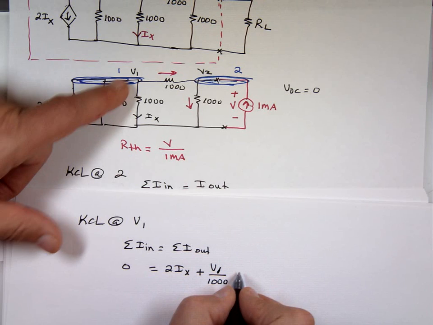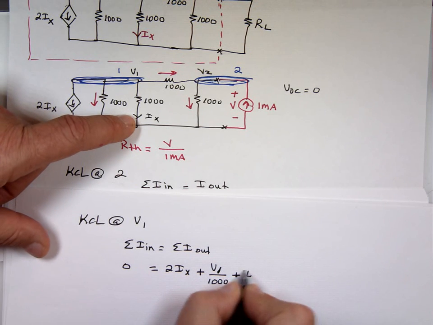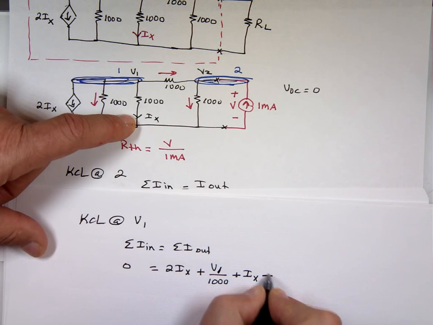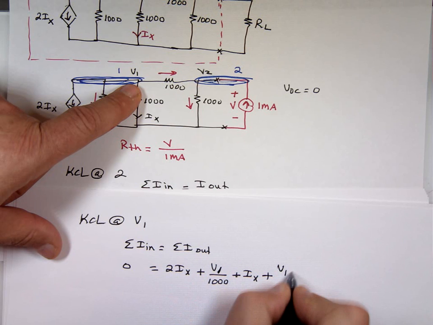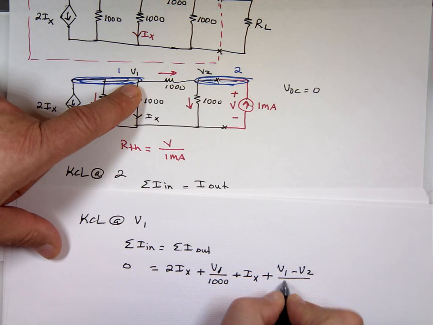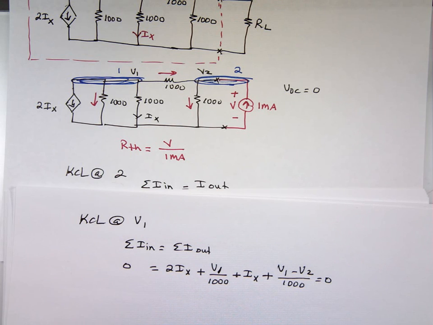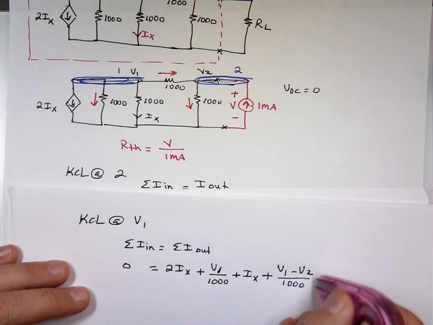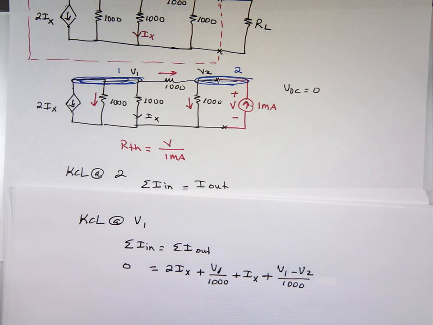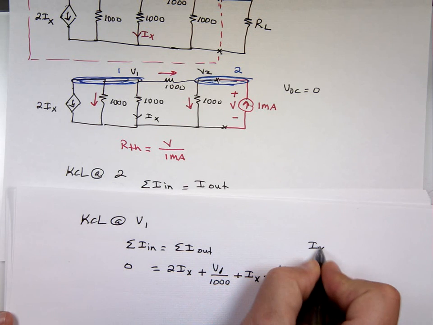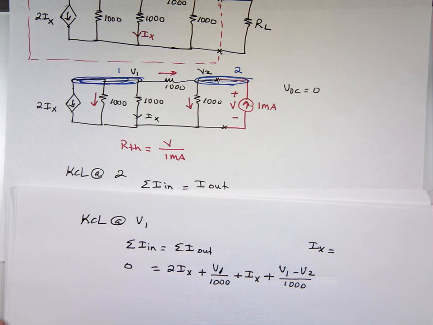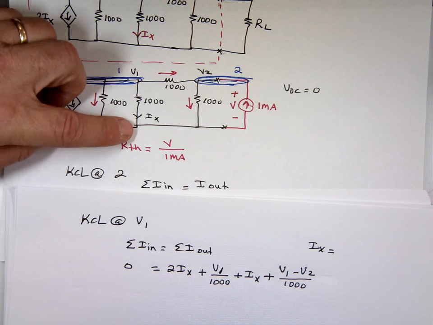I sub x is coming down, plus V1 minus V2 over 1,000, equals 0. I already had the equals 0 there, I don't have to write it twice. And what's I sub x, by the way? Isn't I sub x V1 minus 0 over 1,000? Yeah.